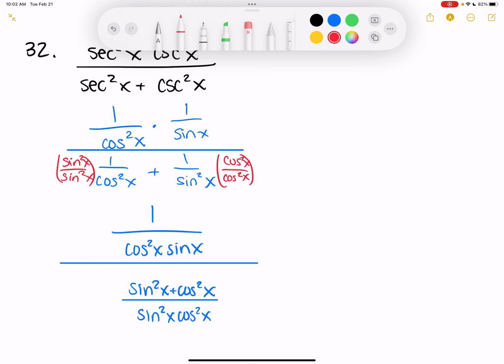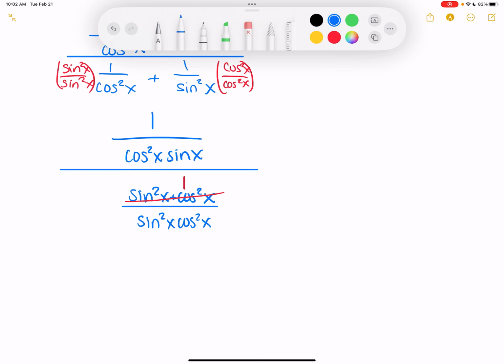So I'm just going to cross it out and write the 1. Now what? Then we can multiply by the reciprocal. So 1 over cosine squared of x sine squared of x times sine squared of x cosine squared of x over 1.